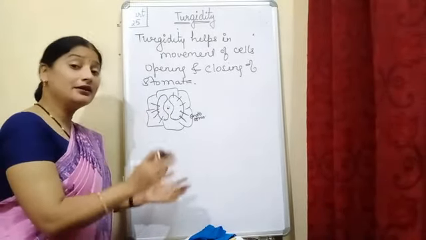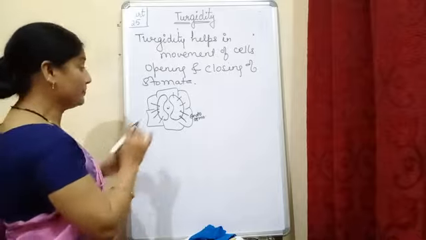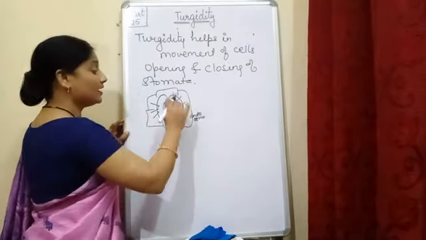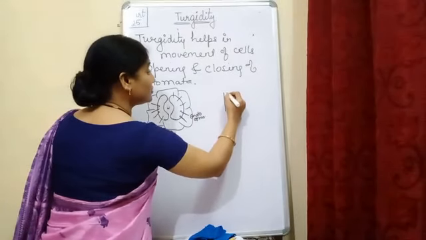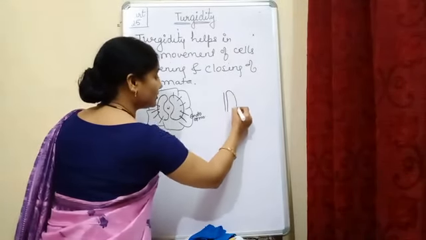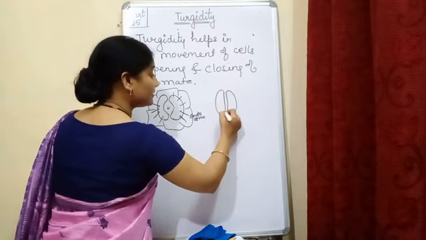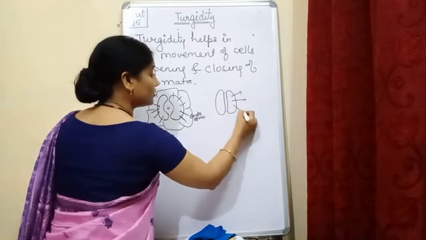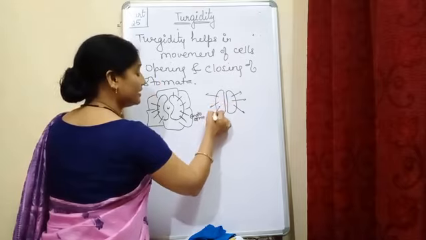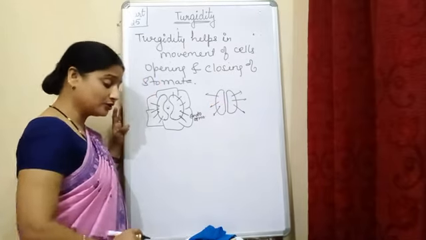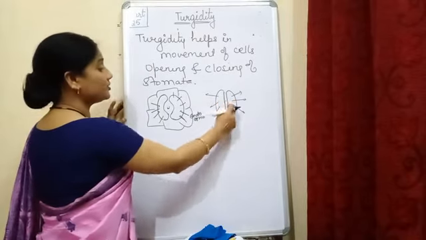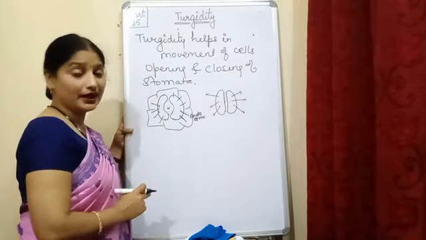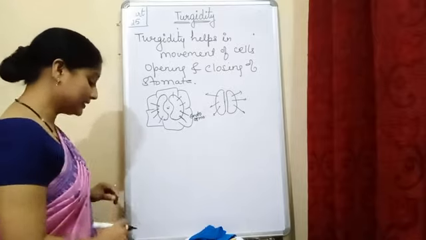Now during the dark time, that is during the night time, what happens? Exosmosis occurs and the stomata gets closed. Okay, because of the process of exosmosis, there is a water loss, and because of the water loss, it gets closed. So it is responsible for opening and closing of the stomata.